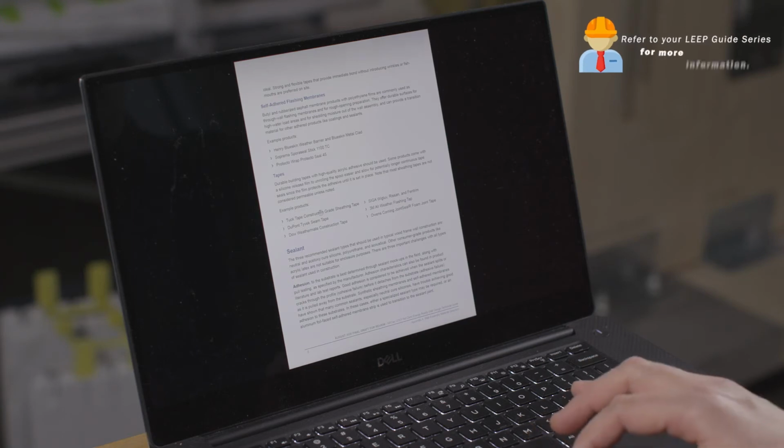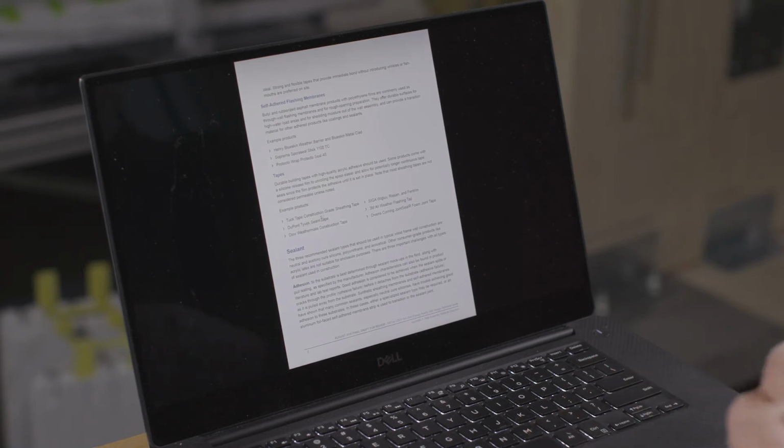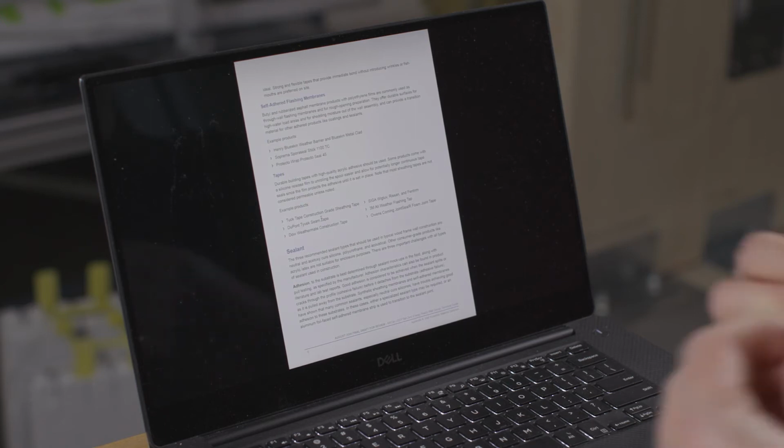Tapes. Tapes are used as part of the air and water resistant barrier, a number of tapes. And the key thing with tapes is, understand there's a wide range of different types of tapes. Sheathing tapes, things like Tuck Tape and Tyvek tape, are examples of more rigid tapes, but they're really good for sealing up sheathing membranes.